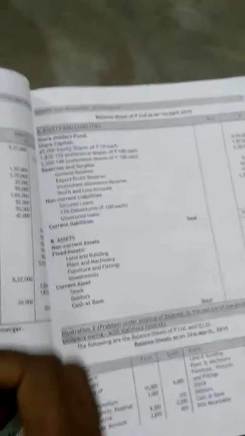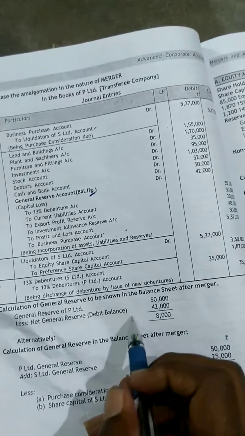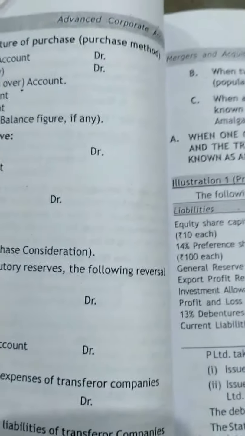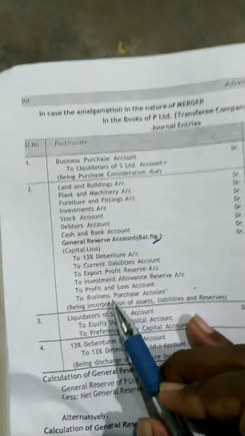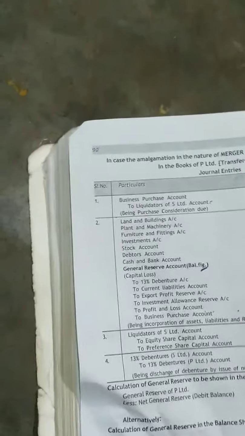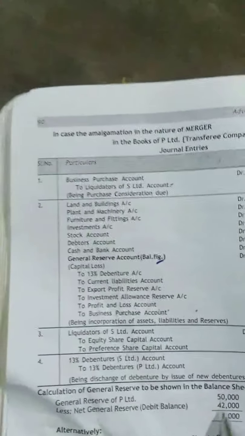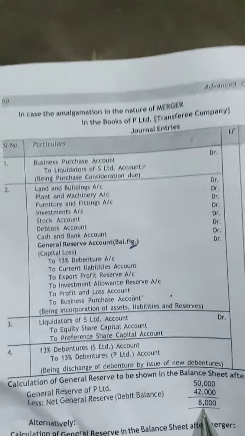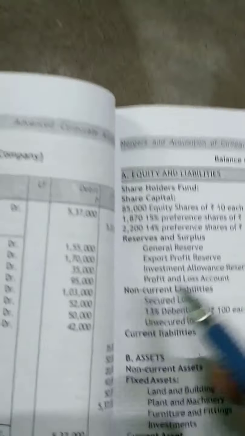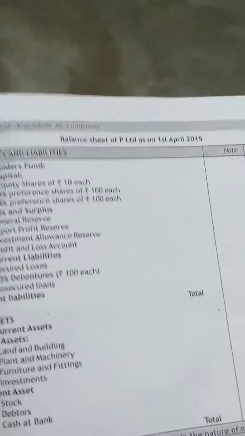You have the general reserve account, so take the general reserves of P Limited, which is 50,000. This general reserve you have taken already, and you need to deduct the loss which you are getting. So 50,000 minus 42,000, take 8,000. Remaining: 85,000 equity shares of rupees 10 each, 8,50,000.